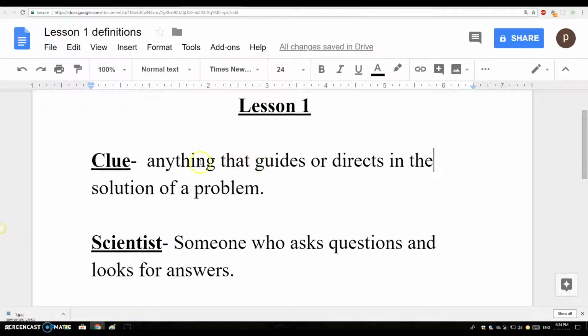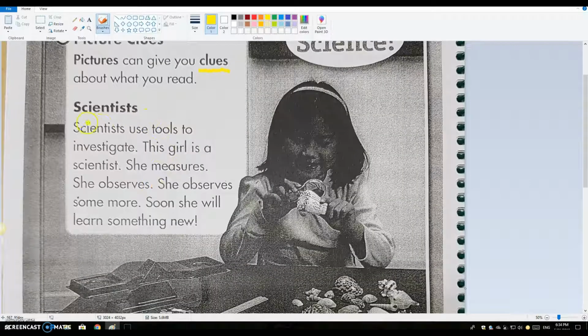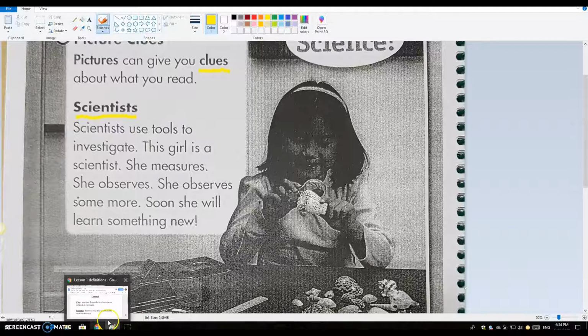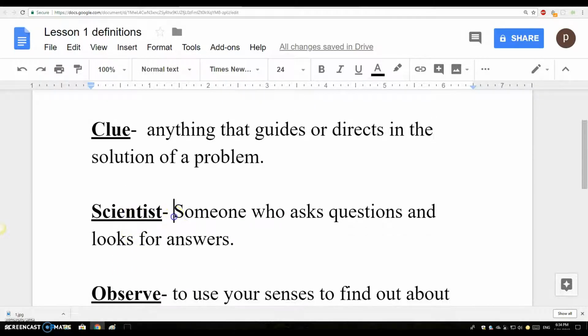So, I'm looking for something that will help me solve this problem. What is our problem? Well, let's find out. This says scientists. What is a scientist? Oh, here we go.